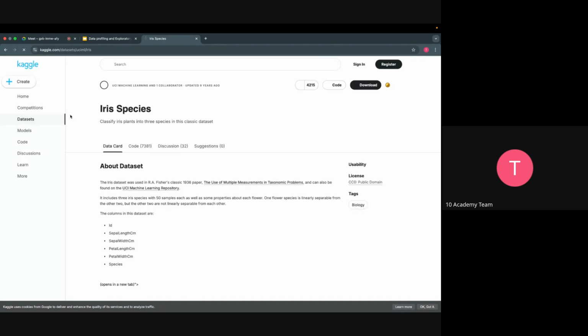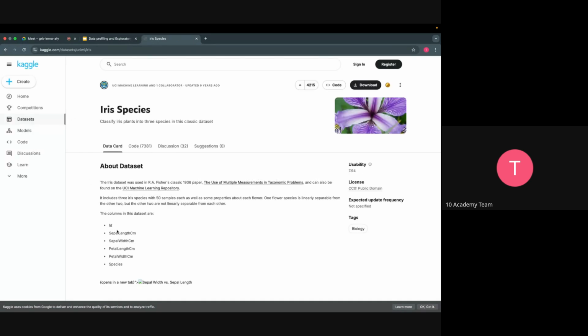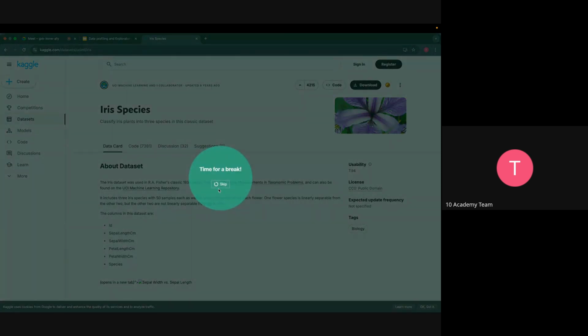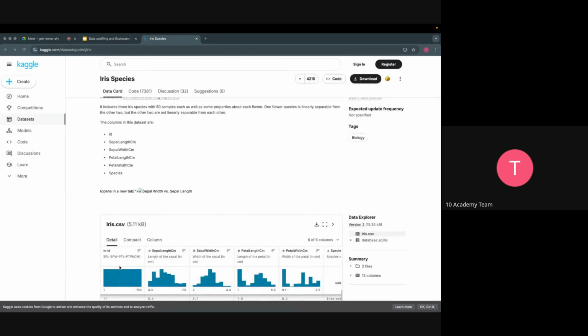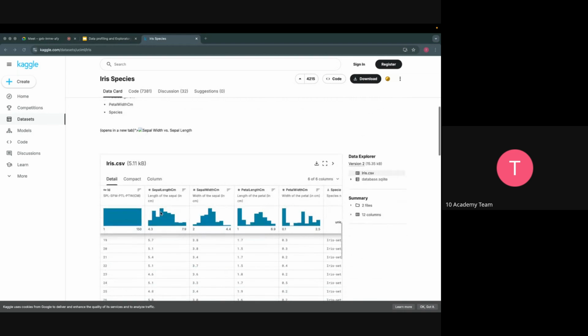It's just about flowers. It has the sepal length, which is the green leaf that you see, and the petal length, which is the colorful part of the flower. So it represents the lengths and widths of these parts, and the species.